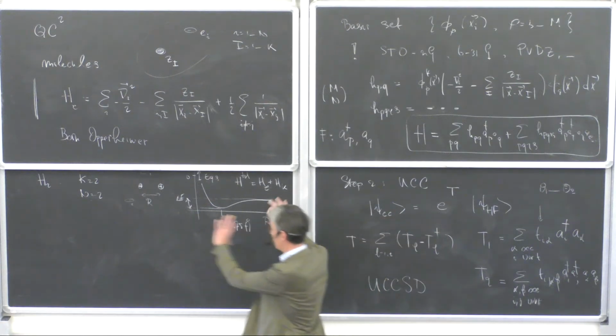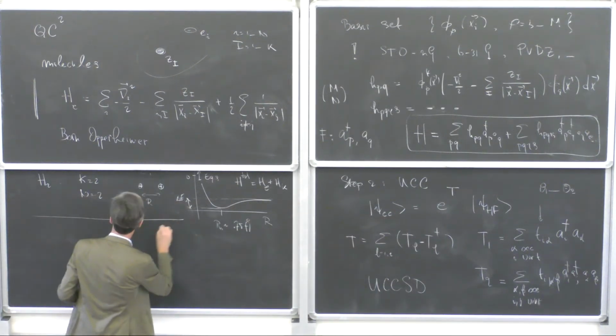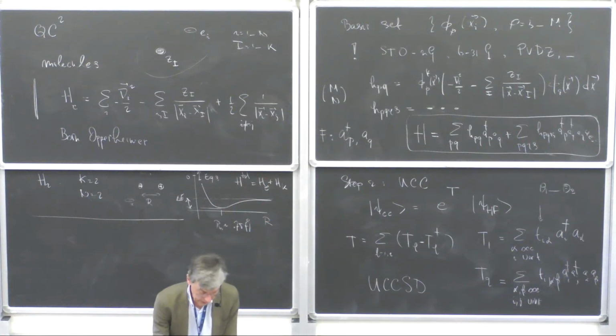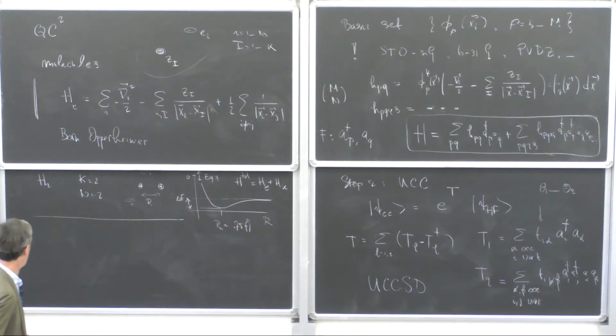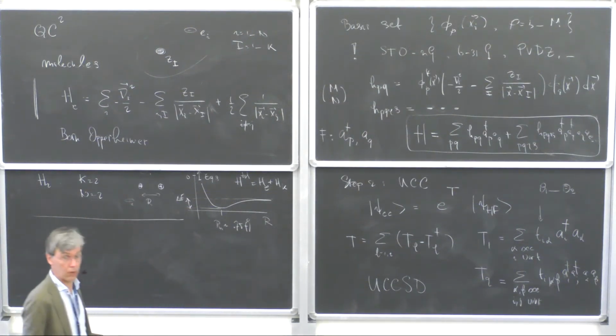Okay, so this is what we expect to rediscover today. But let's do it following that kind of language. And again, it's maybe a bit of overkill, but I think it's nice to see how this happens. So the first step in the procedure, we should take a basis set for this problem.